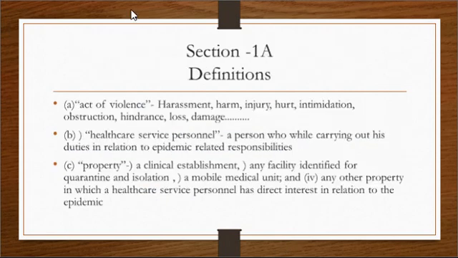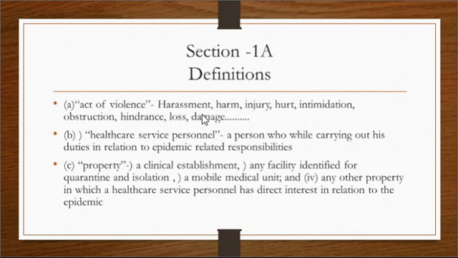Now see, in the Epidemic Diseases Act of 1897, the Amendment Act of 2020 has made several amendments. See, there was no definition clause in the previous act, but by the 2020 Amendment Act, a definition clause has been inserted.